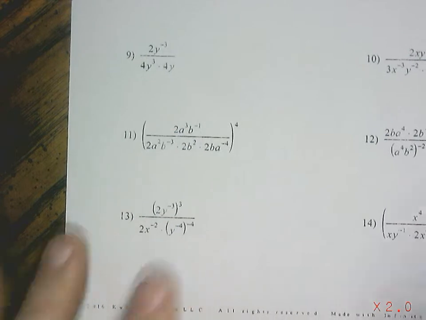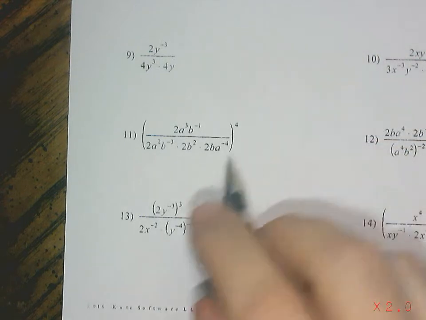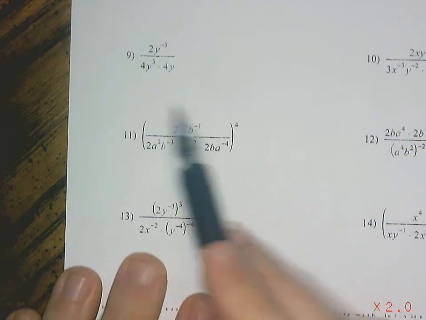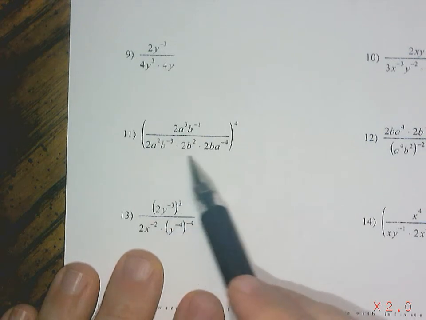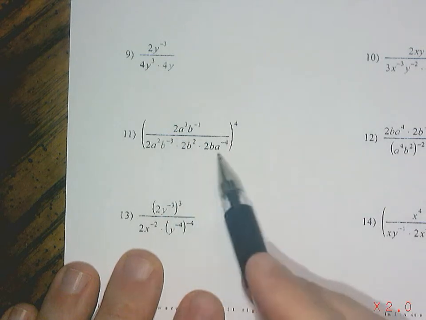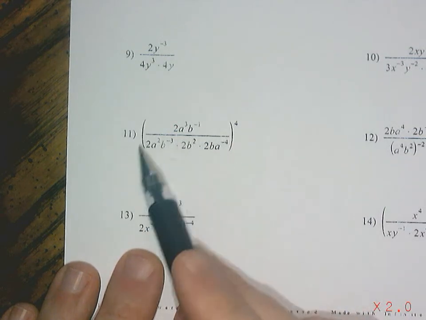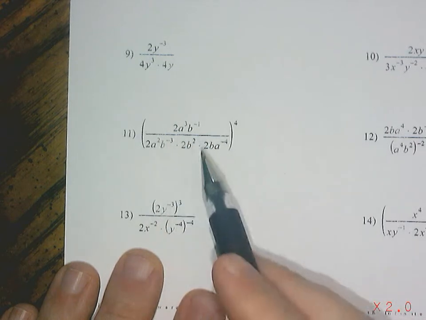So parentheses, do everything in the parentheses first, then multiplying, then exponents, then multiply, divide, and so on. So I'm going to do everything I can inside these parentheses first. I can do stuff on the top, but let's worry about this bottom first. So let's get this multiplying bit out of the way.